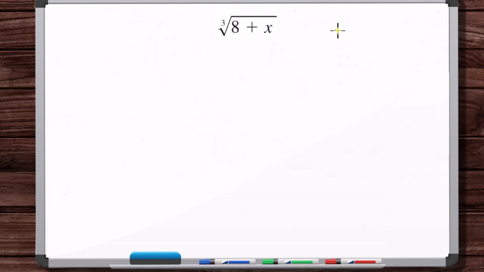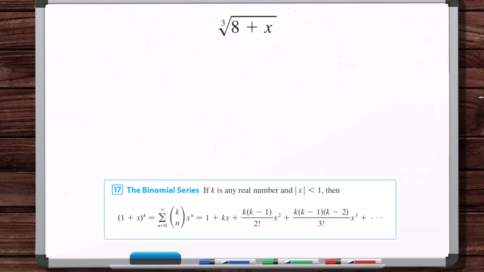Okay, let's do the cube root of 8 plus x. This is equal to, so we want to factor out an 8, and you've got 1 plus x over 8 to the 1/3.